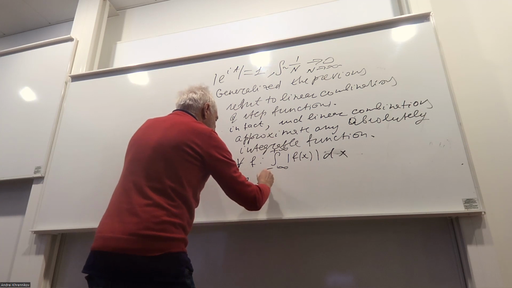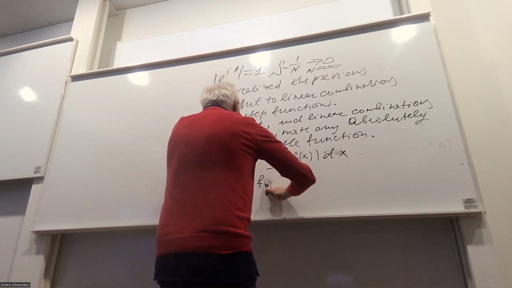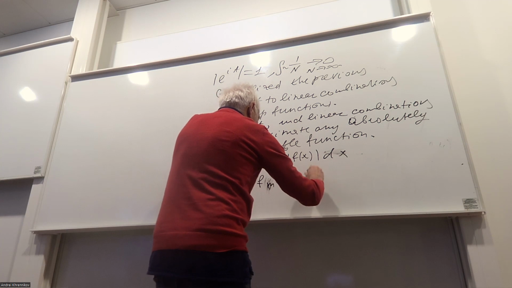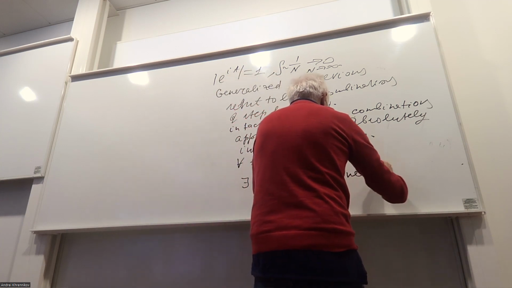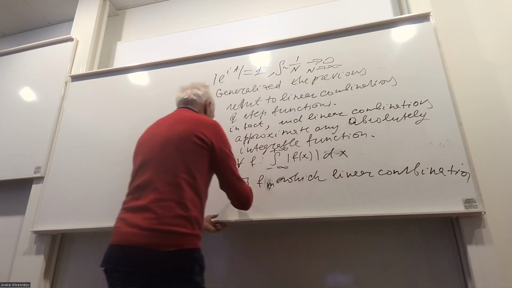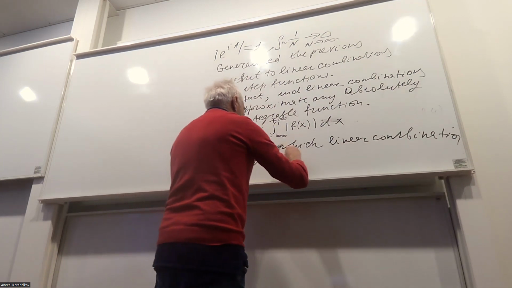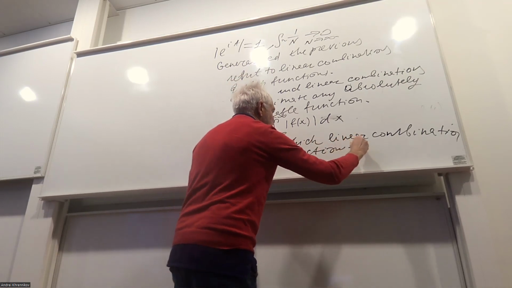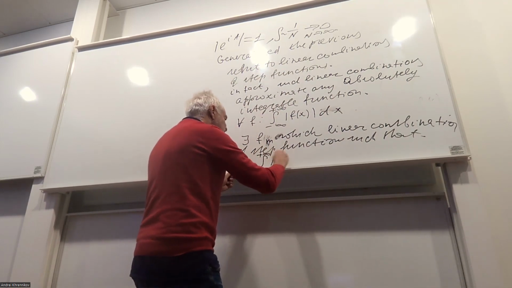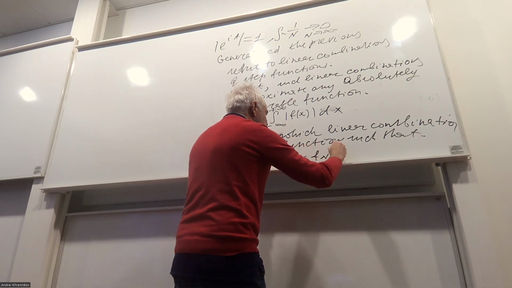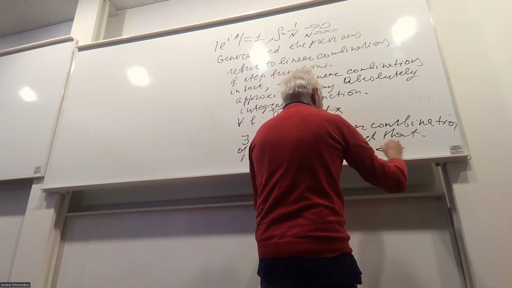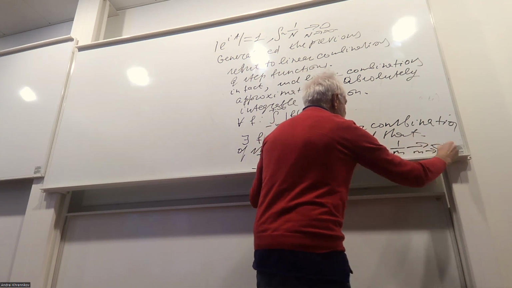there exists fm, which is a linear combination of step functions, such that the integral from minus infinity to infinity of |f(x) - fm(x)| dx is less than, for example, 1 over m, which goes to 0 as m goes to infinity.